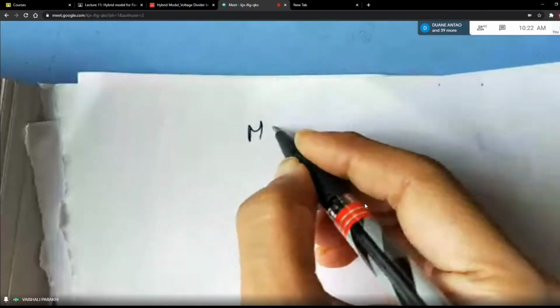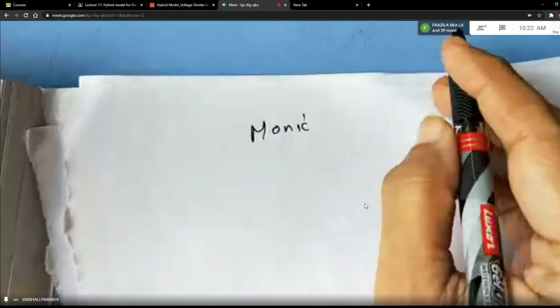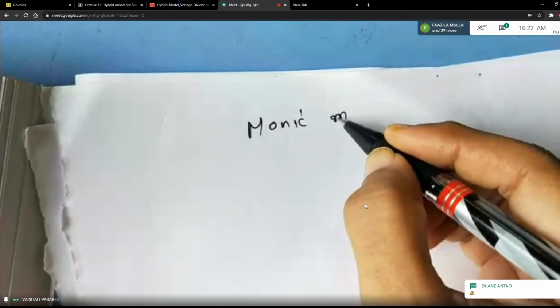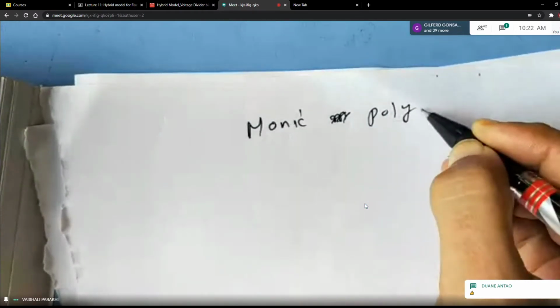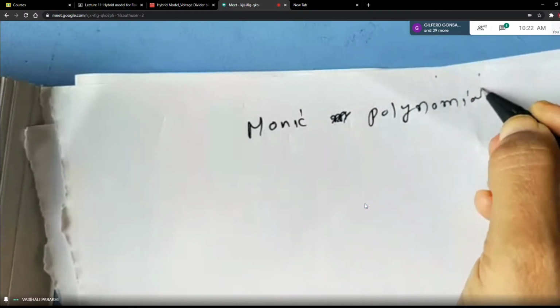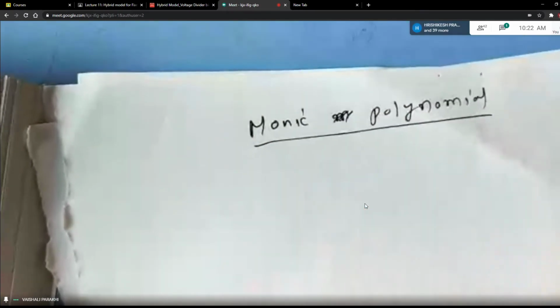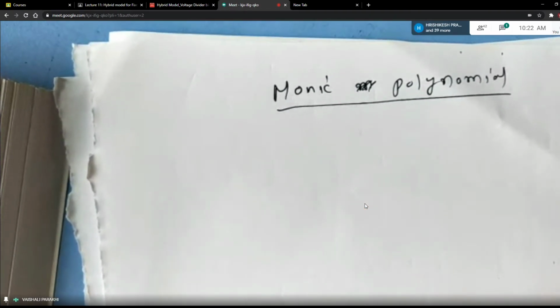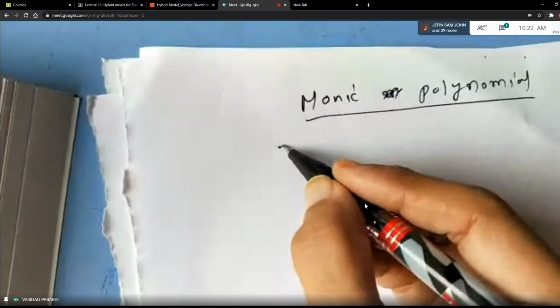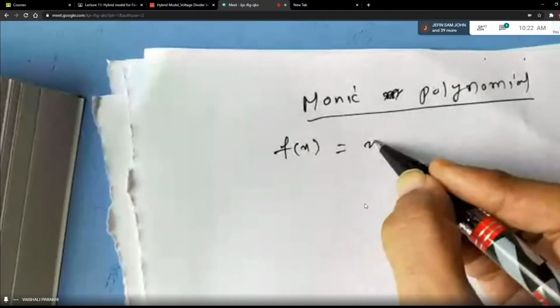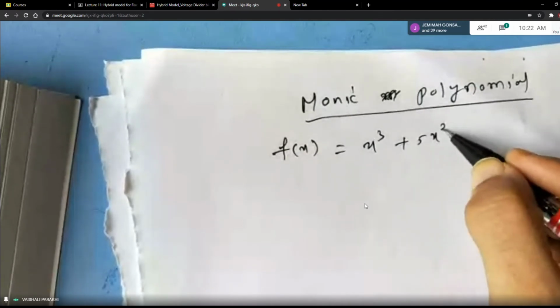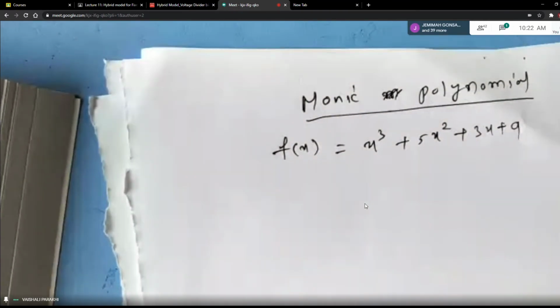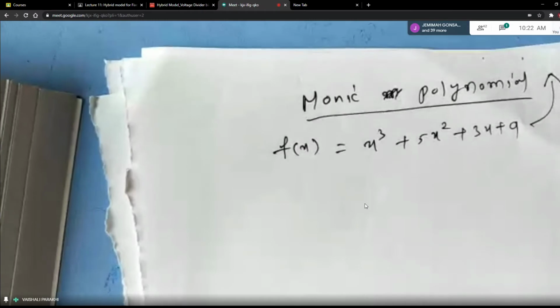Okay, now before that I want to tell you about something called as monic polynomial, students. What is meaning of monic polynomial? Monic polynomial means when the coefficient of highest degree term is 1. For example, suppose my polynomial is x cube plus 5x square plus 3x plus 9. Then this is called as monic polynomial.